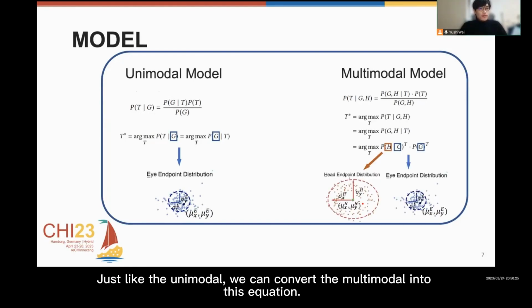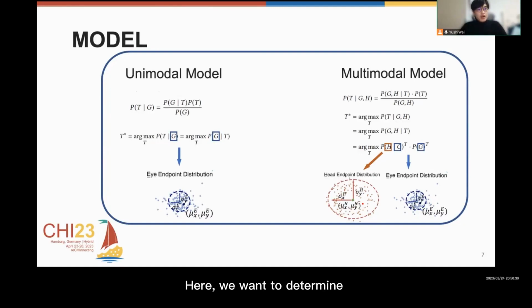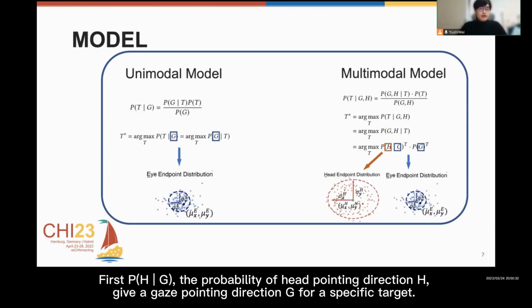Just like the unimodal, we can convert the multimodal into this equation. Here, we want to determine first, P(H|G), the probability of head pointing direction H given a gaze pointing direction G for a specific target.